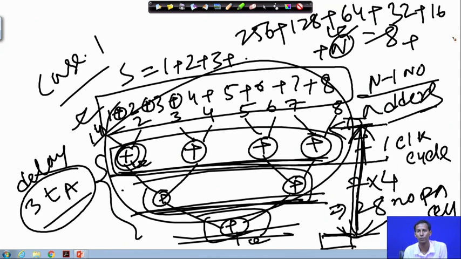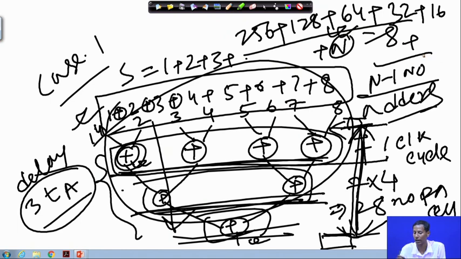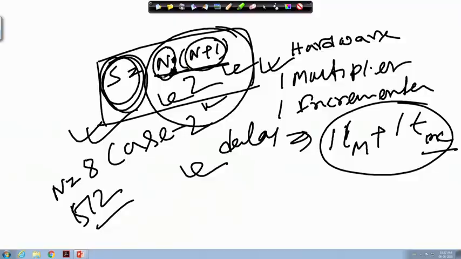So many levels, and I require this kind of tree structure of adders. So, describing it using HDL or any other language will become too complicated if I follow this method. So, when the n value is larger, at that time what will happen?